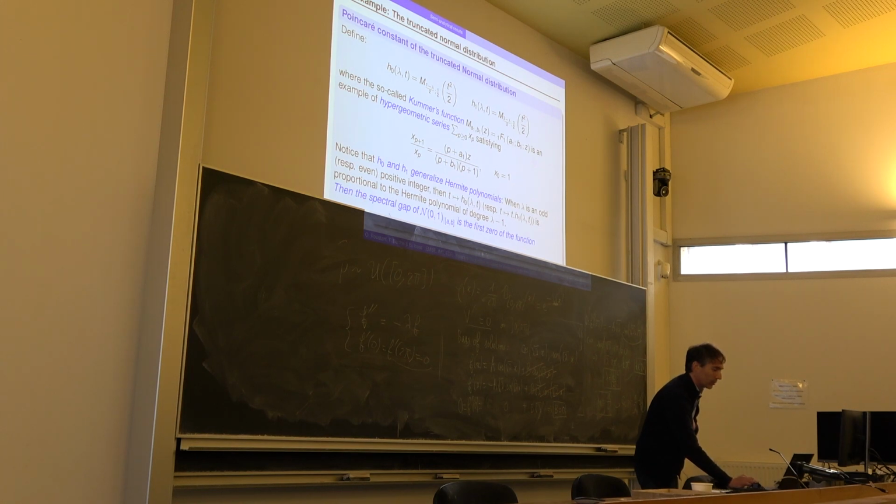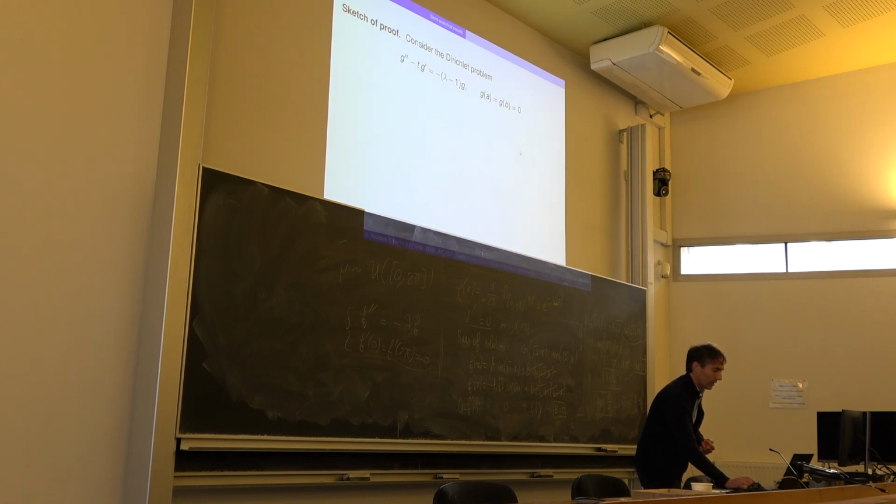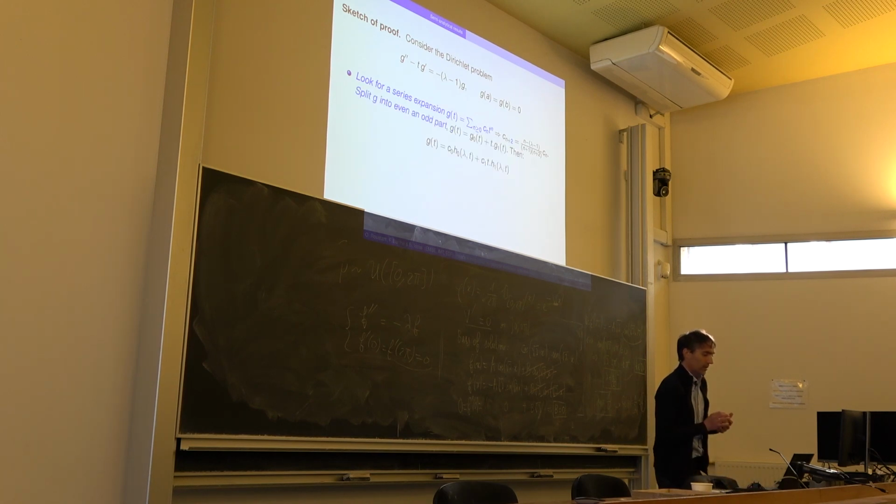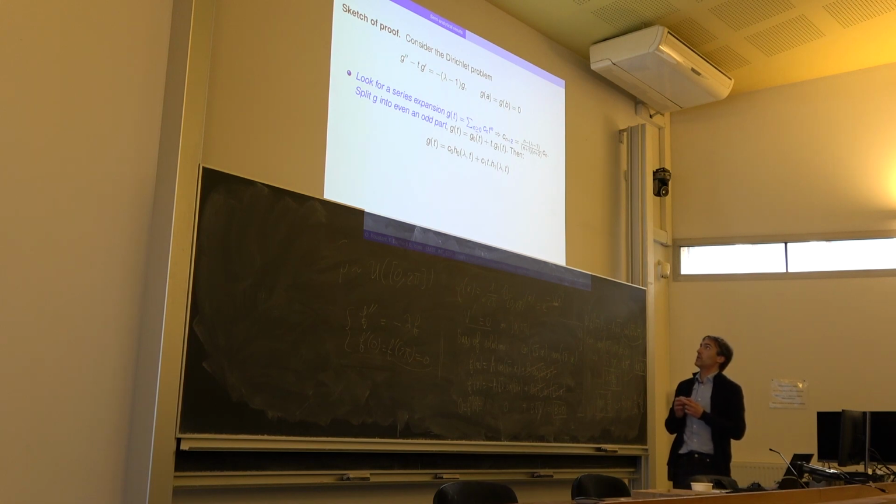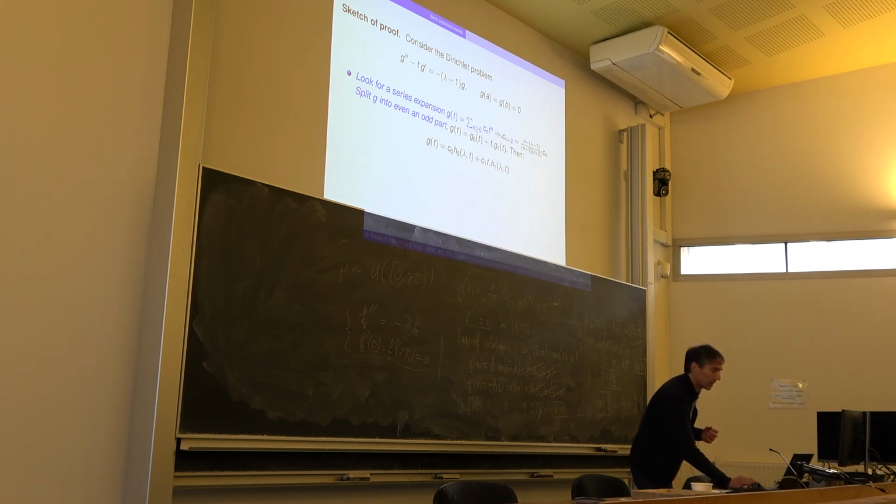Actually, the spectral gap, which is the inverse of the Poincaré constant, is the first zero of some function depending on these functions. So I give you a sketch of proof. Here again, we can have a basis of functions. You are looking for a function which is written like this, so an infinite polynomial.